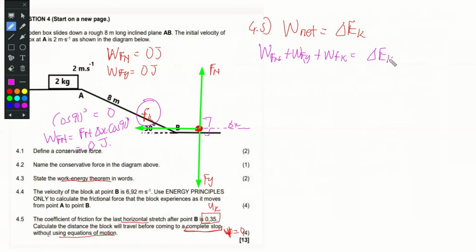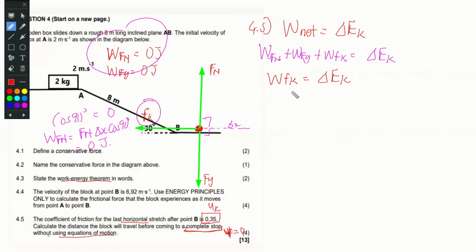Change in Ek. But remember, these two are not doing any work. It's 0 joules. So we are only left with work done by Fk. I'm just stretching it out so that you understand, right? Otherwise, I could have just already broken it down.